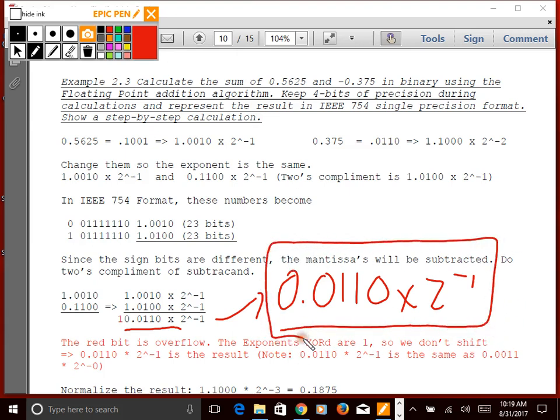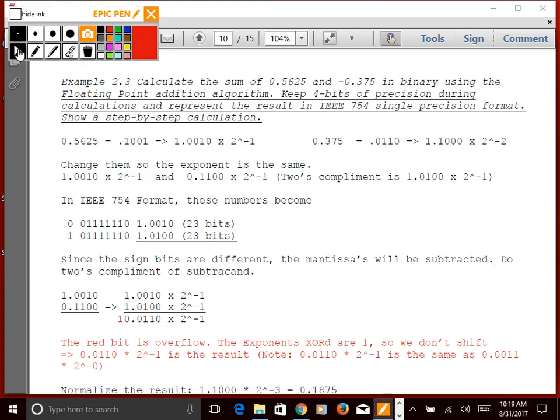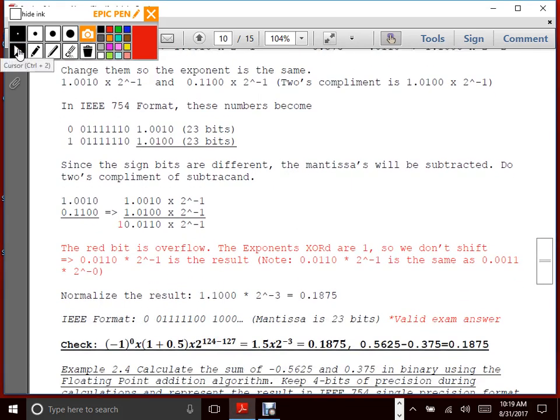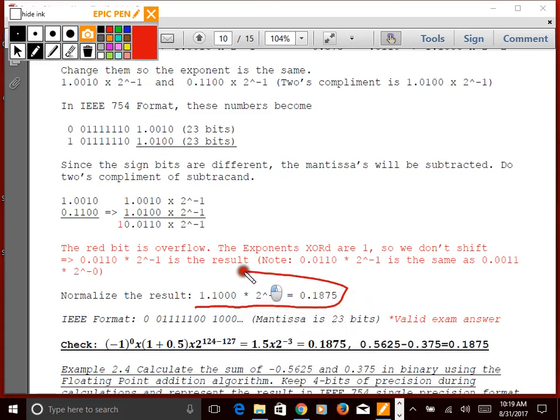This means we have a result where there's a subtraction and we have a positive number because of that. So you normalize the result. We go 1.1000 times 2 to the negative 3, because what we've got is 0.0110 times 2 to the negative 1, 2 to the negative 2, 2 to the negative 3.